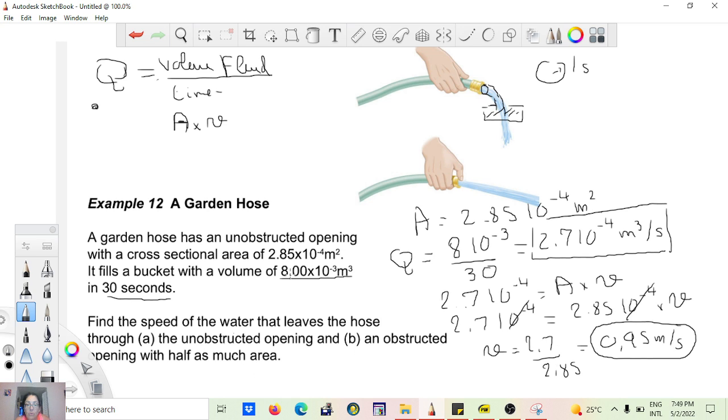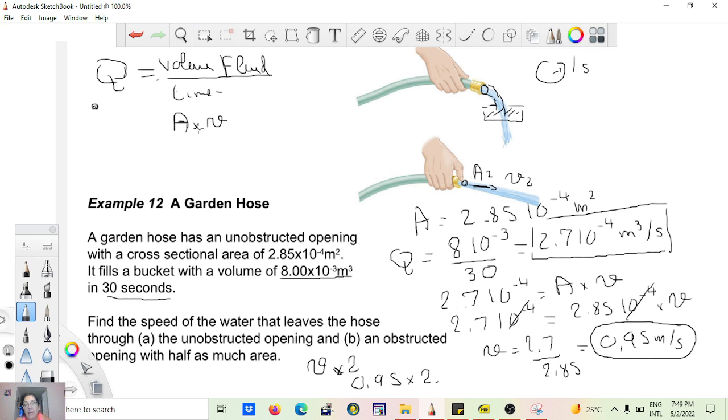Now, if you pinch it, so you make it more narrow, you make a smaller area here, A2, it's going to move faster. And because the area is divided by 2, the speed is going to be multiplied by 2. So it's going to be 0.95 times 2.